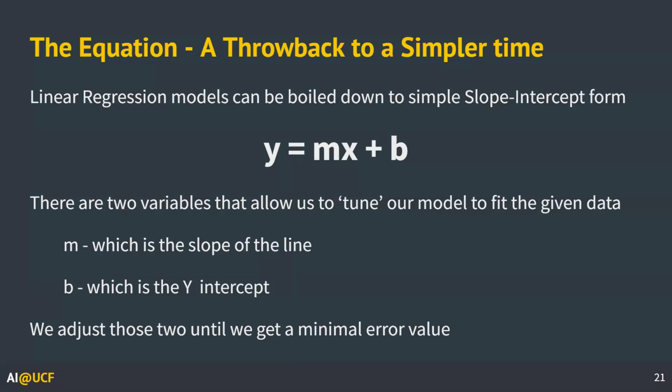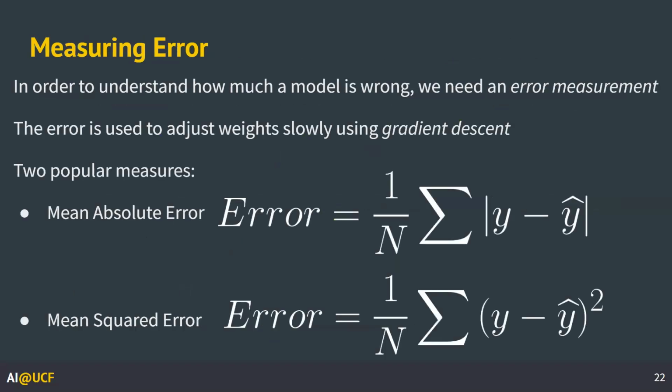The big thing is that we're trying to minimize the error, basically the difference between our predictions and the ground truth. In order to do that, we need an error measurement. We're going to use the error measurement to adjust the weights, here m and b, slowly using gradient descent. There are a couple of popular error measurements used for linear regression.